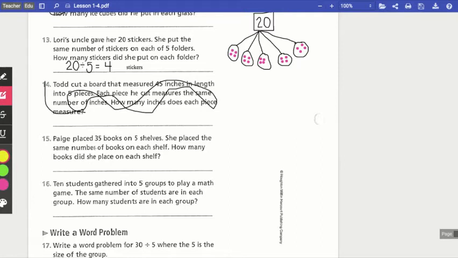Paige placed 35 books, oh, I heard a number, on 5 shelves. She placed the same number of books on each shelf. How many books did she place on each shelf?